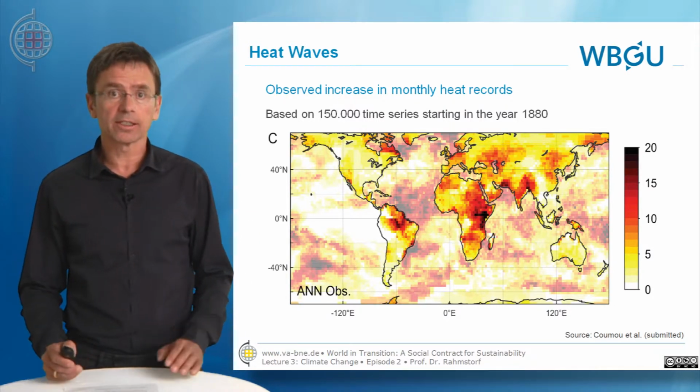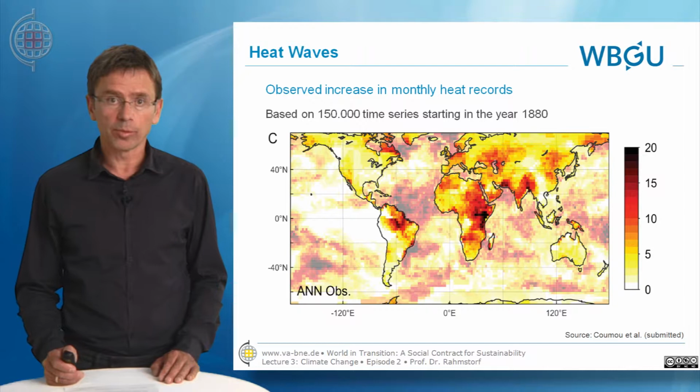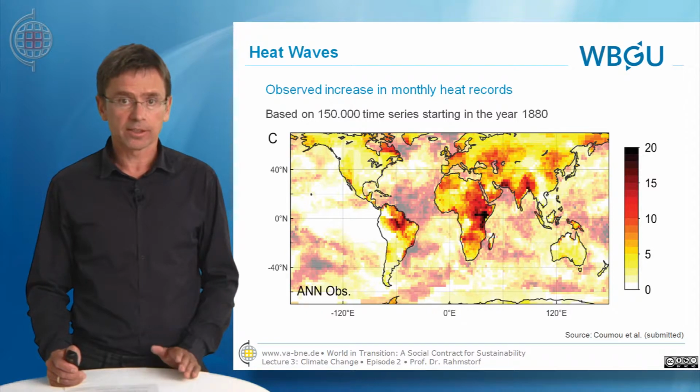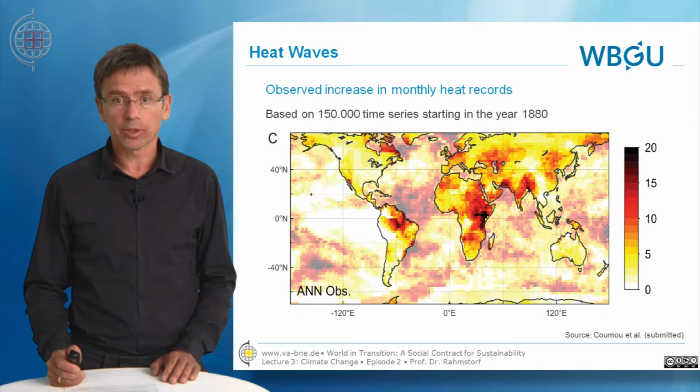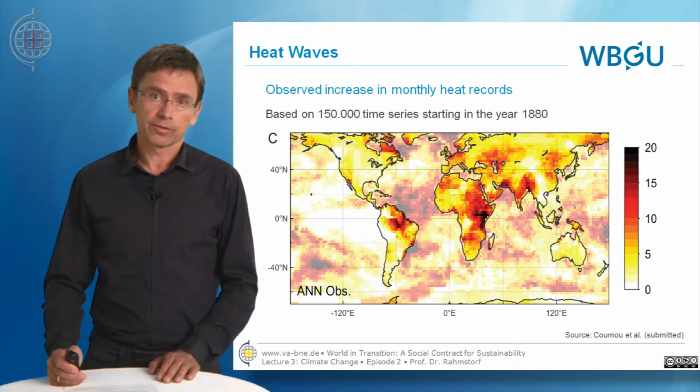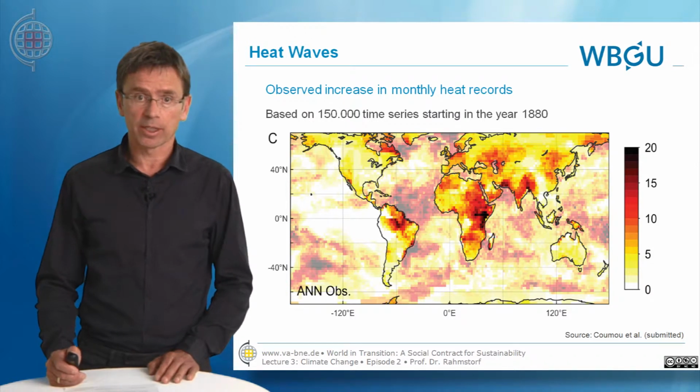So this is a very clear effect of global warming. And as you can see, there are some areas where this goes even up to 20 times the number of records that you might expect otherwise.